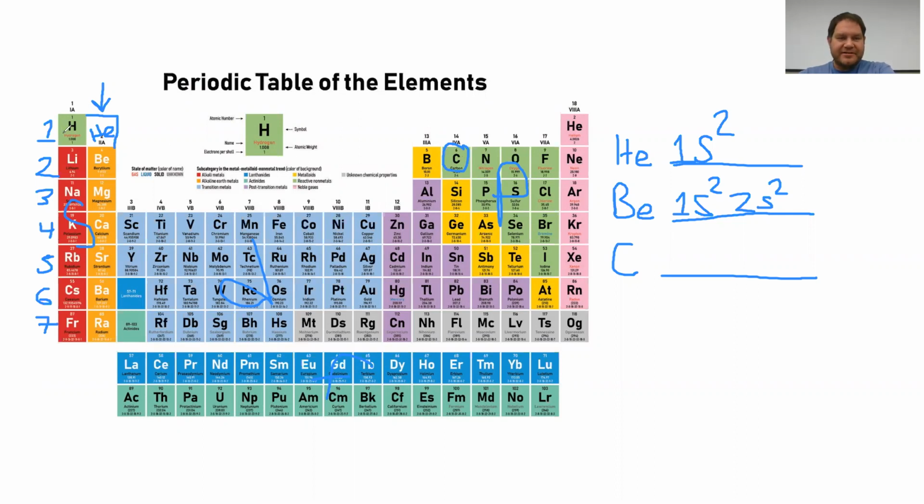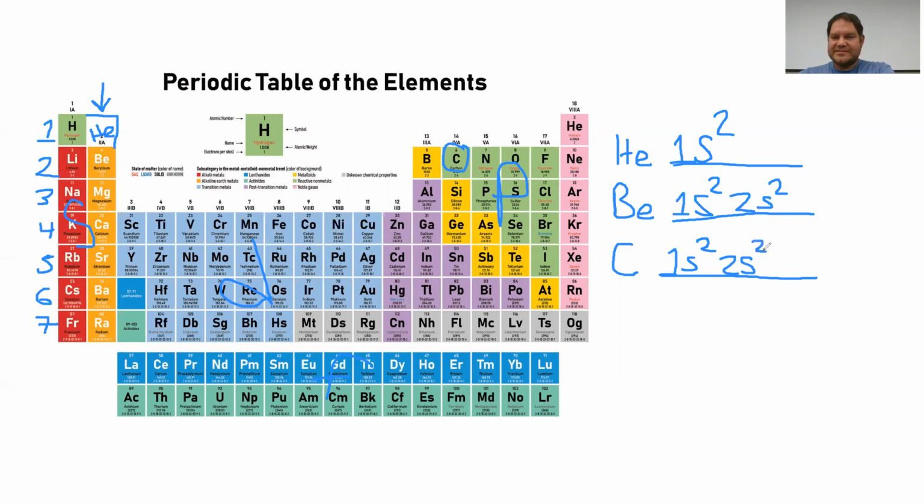We're going to start here at hydrogen, and we have 1s1 for hydrogen, and then 1s2 for helium. And then we go to the second energy shell, and we're in the S block again. For lithium, it would be 2s1, and then beryllium is 2s2.